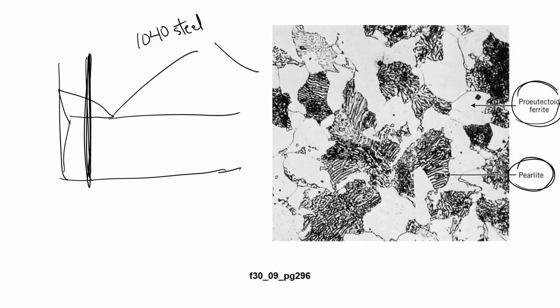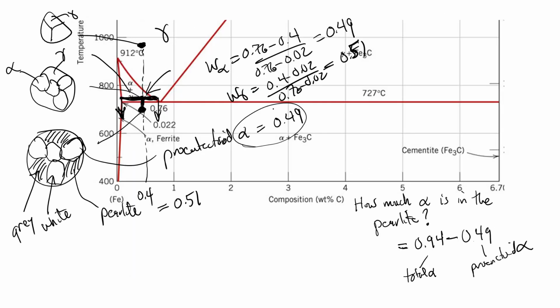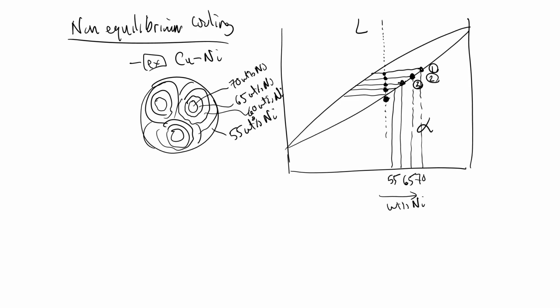So what we've shown there is that the microstructure doesn't end up being a uniform composition.